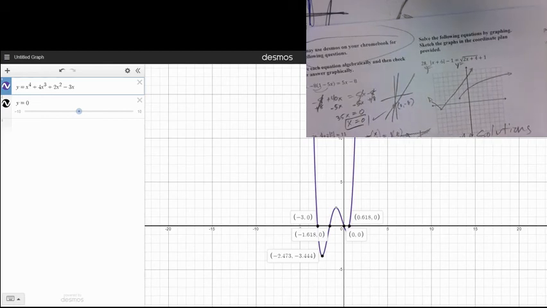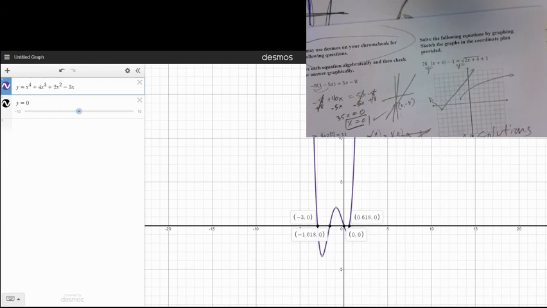Where do they cross? Well, these 4 x-intercepts. So x is equal to negative 3 right there. Negative 1.618 right there. 0 for there, and 0.618.